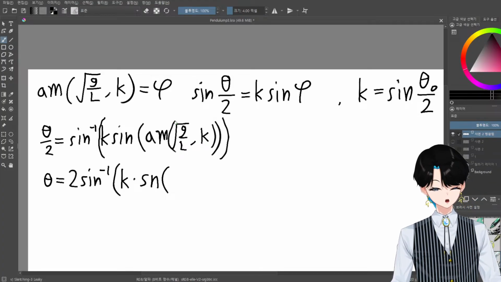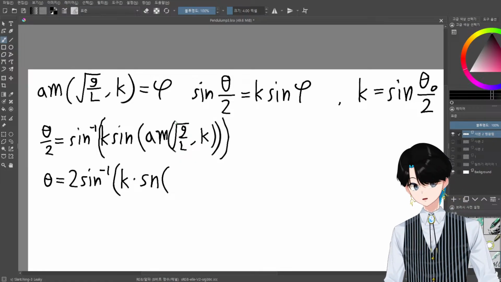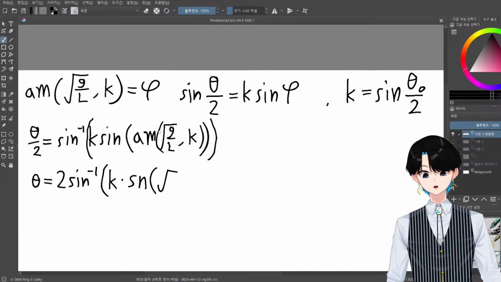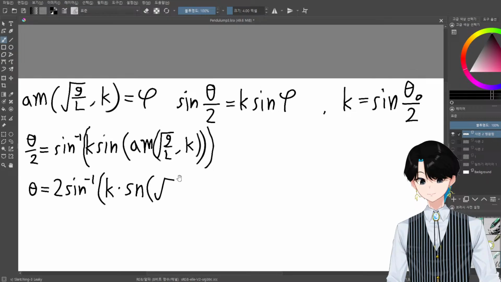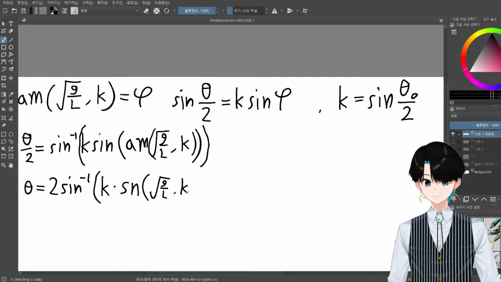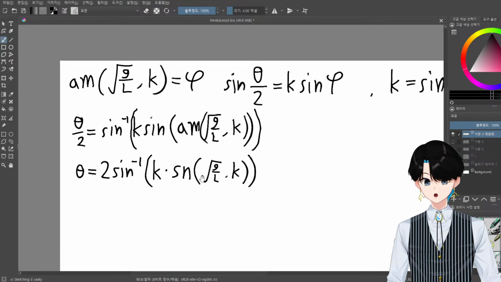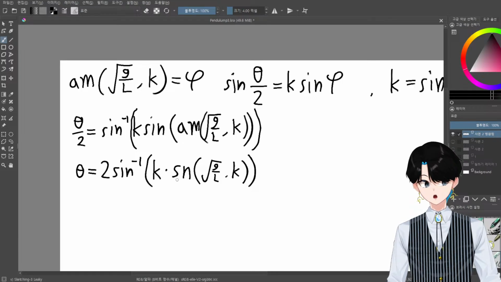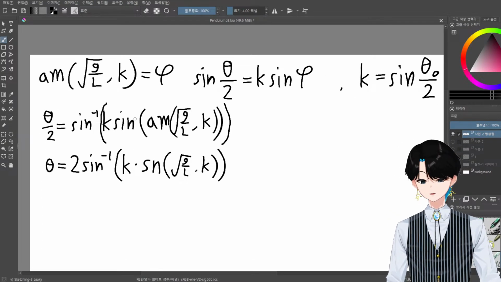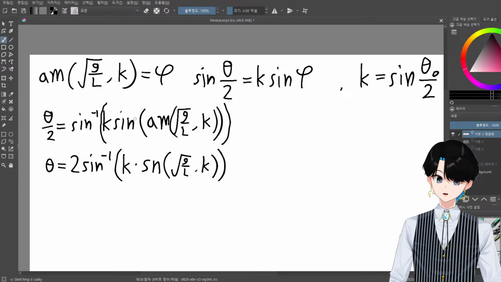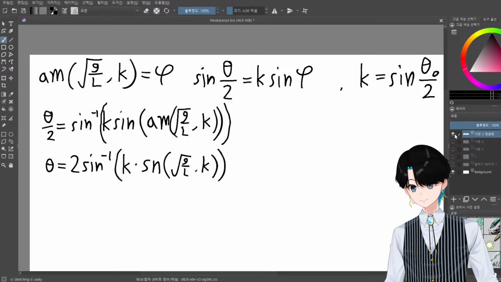The elliptic sine of G over L, comma K. And there we go. This is the answer. This is the value of theta.